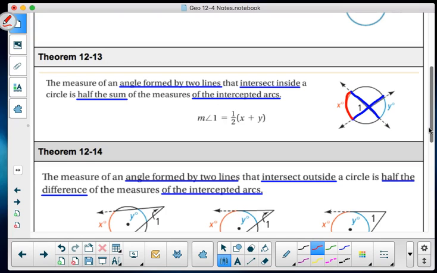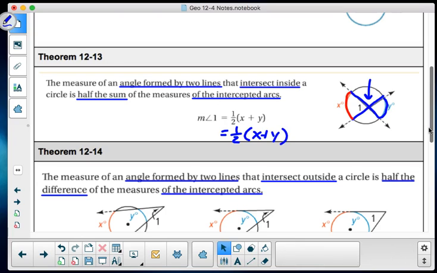So this is one of the arcs and this is the other arc. It's important to keep in mind that this point of intersection does not include the center, because if it did, X and Y would be exactly the same size. Because they are not the same size, it does not include the center, and therefore we are looking at this average, 1/2 (X plus Y).